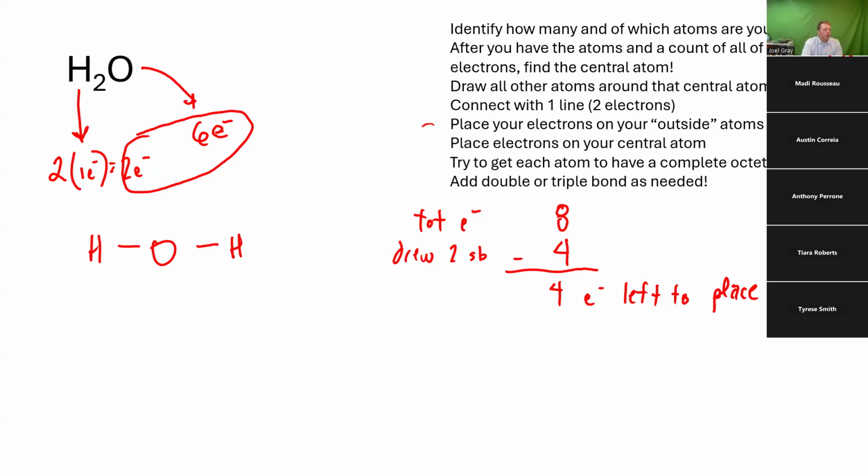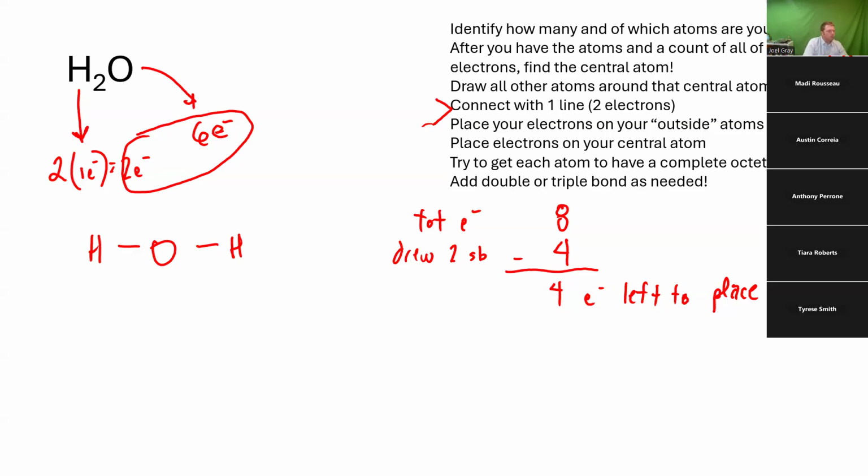Okay, so the next step is to place my electrons on my outside atoms. Could anyone add to the chat the symbol or letter for my outside atoms? Oxygen is central, so hydrogen, yeah, perfect.